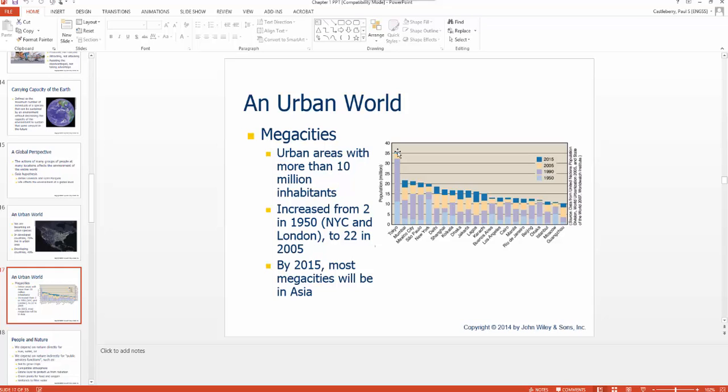So in a short period of 65 years, they went from roughly 11 million to 36 million. In other words, they have tripled. That's right, they have tripled the number of people in the city. So people are flocking to urban areas. I mentioned Lagos. Notice now that roughly 17 million live in the city of Lagos.